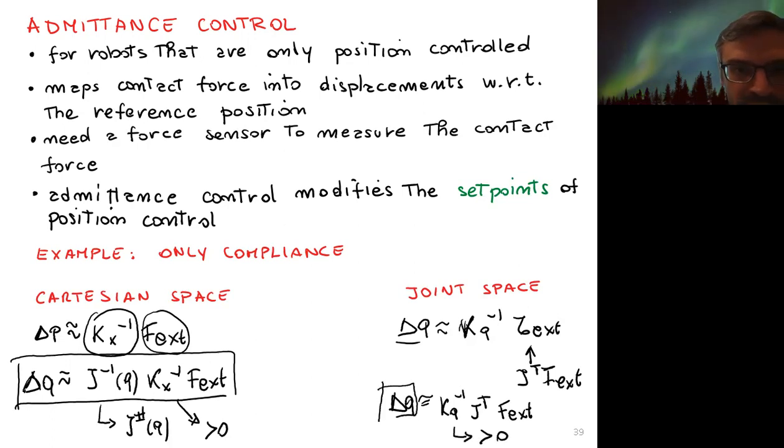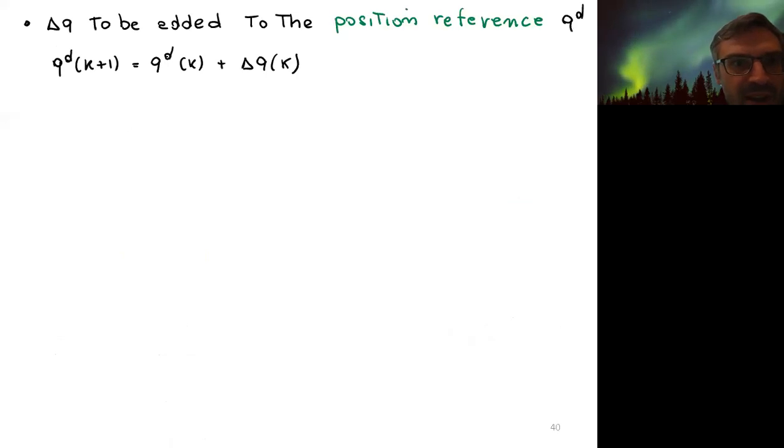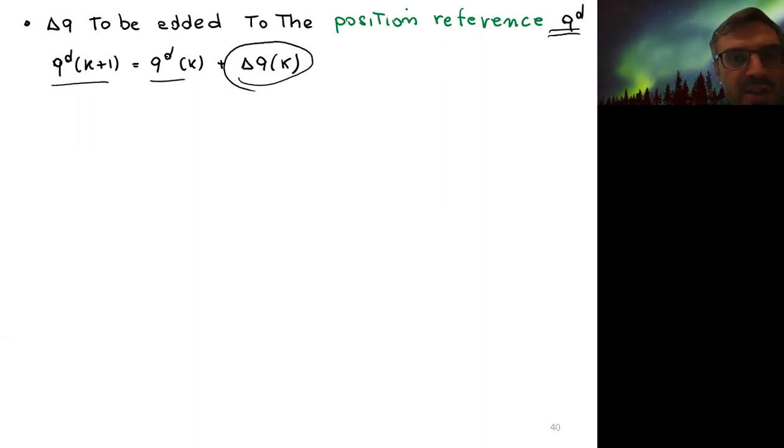Now, what we do with this, we modify, in essence, the reference position, QD. So the next step, we take our reference position, we add the delta Q that we computed. And this reference position is given to the position controller.